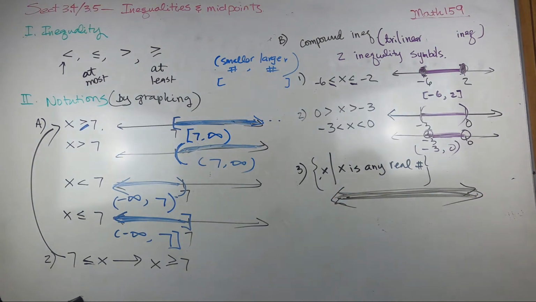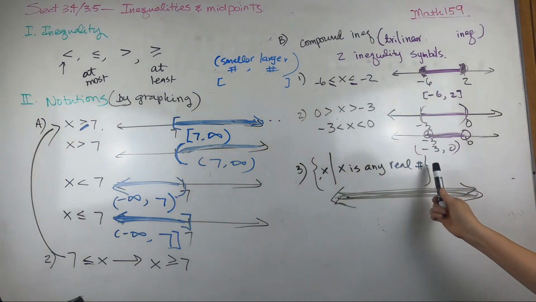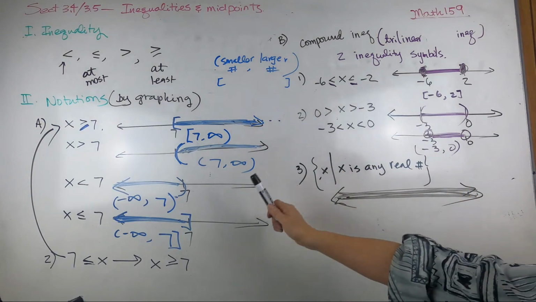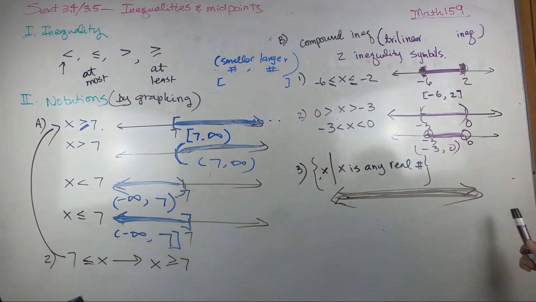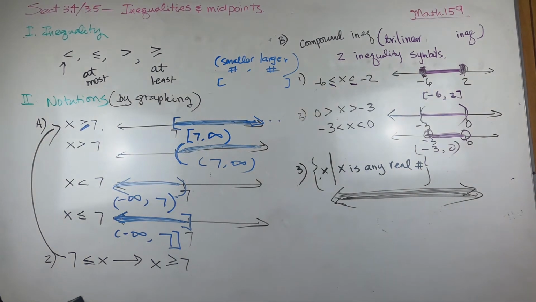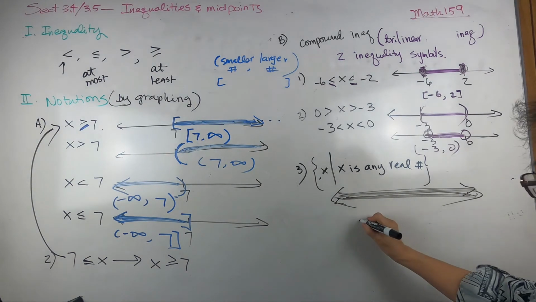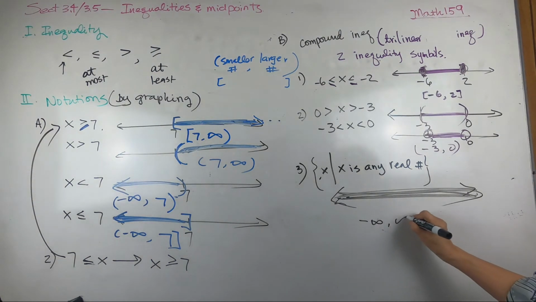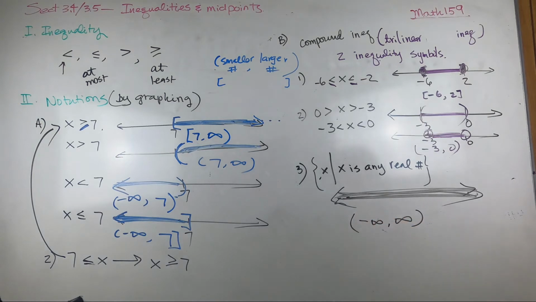In interval notation, it's negative infinity to infinity, with parentheses. Or in algebra or math, usually we use the double-struck R for real numbers. We also do that.